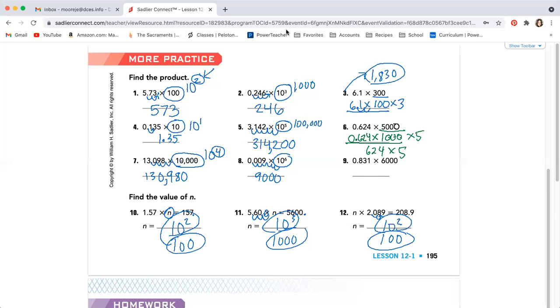So I don't know what 624 times 5 is, so I better calculate it off to the side. So the final answer there, 3,120. Are you okay with that one? All right.